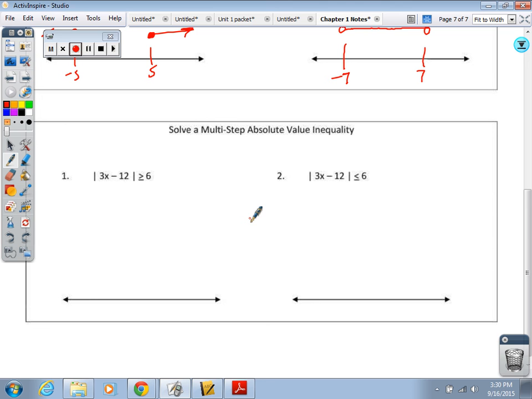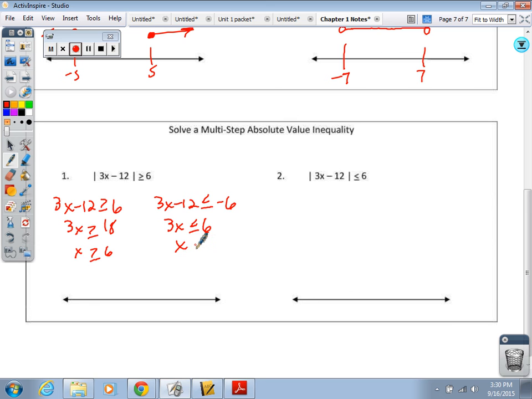We are all done. So this one's going to be, we're going to do the same thing like we always do, rewrite it as a compound inequality. So 3x minus 12 is greater than or equal to 6, and 3x minus 12 is less than or equal to negative 6. Okay? Perfect. Now let's do that. So we have 3x is greater than or equal to, if you add 12, that's 18. X is greater than or equal to 6. Here, we're going to have 3x is less than or equal to, if you add 12, you get positive 6.